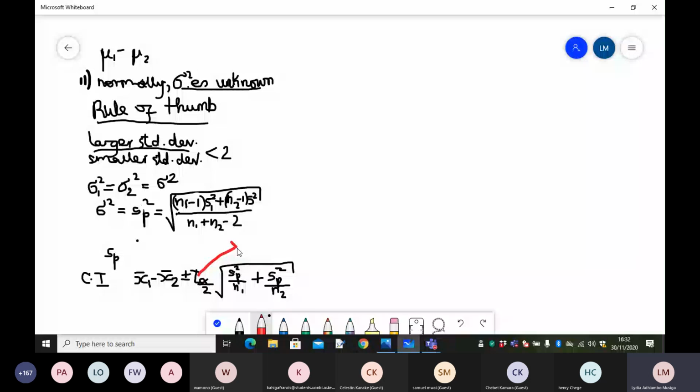N1 plus N2 minus 2 degrees of freedom. We know that in the T table, we must always know the degrees of freedom. Okay, let's look at an example.